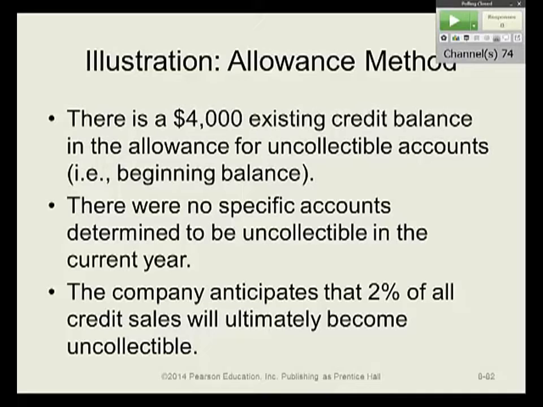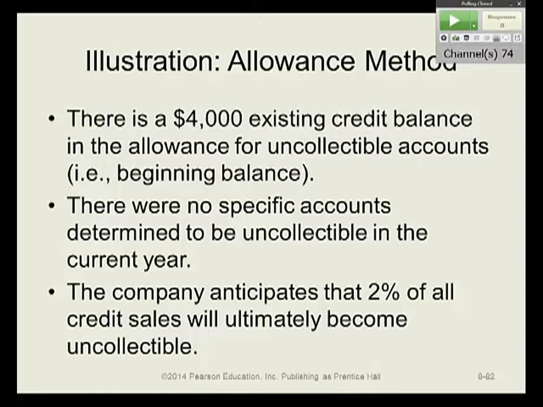That's an existing credit balance, and they tell you that the allowance account is estimated by taking 2% of credit sales. So in this case, you're looking at what we would consider to be an income statement methodology. It's going to be an income statement approach. So you're expected to come up with the bad debt expense, and you're not worried about the allowance.